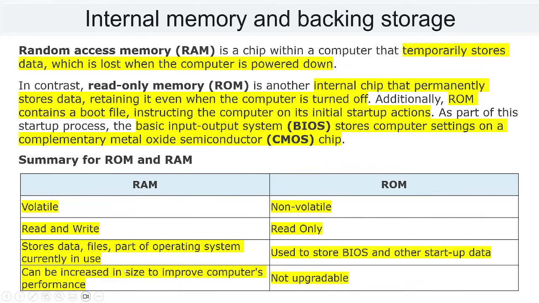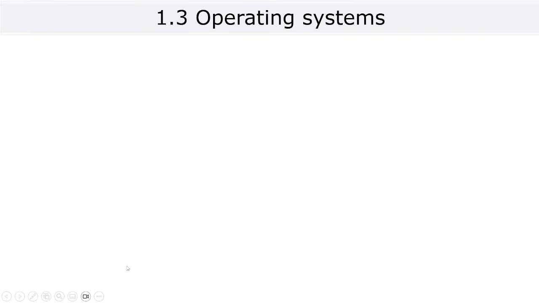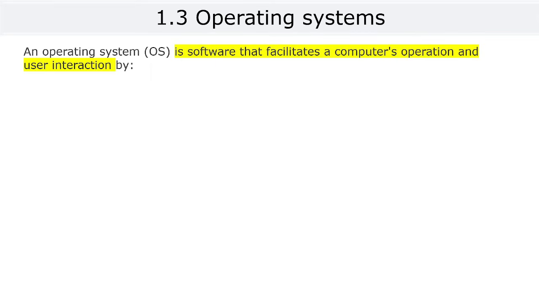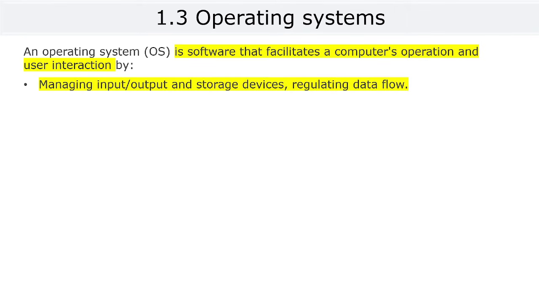All right. So the next one is types of operating systems, and we are almost done with chapter 1. Can you imagine? All right. So operating systems, we know that the operating systems are software that facilitates a computer's operation and user interaction. The operating system manages basically the input, output and storage devices and regulates data flow.